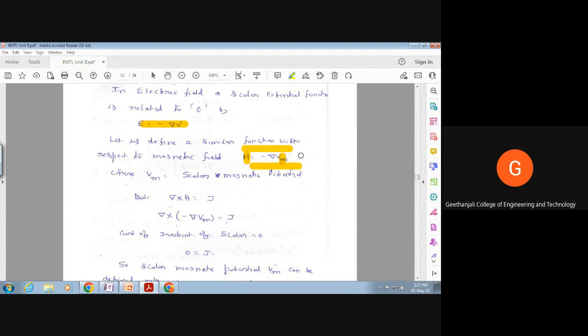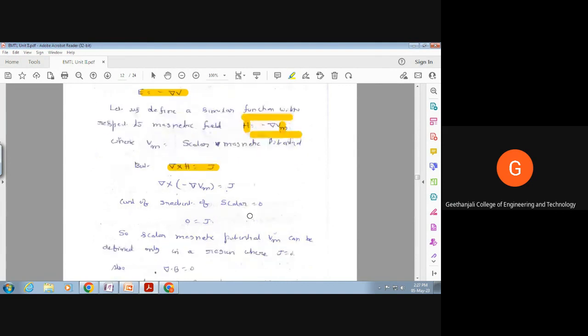So how to check whether this H is equal to minus grad Vm is acceptable or not? We have del cross H is equal to J, which is a derived expression. There is no dispute as far as curl H is equal to J is concerned. So now H is equal to minus grad Vm. If I substitute, del cross of minus grad Vm must be equal to J. But unfortunately, curl of gradient of any scalar quantity has to be 0.